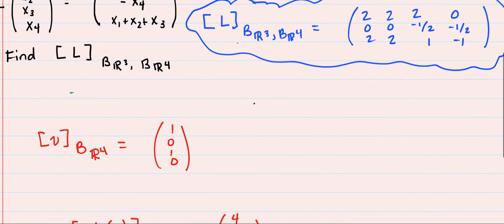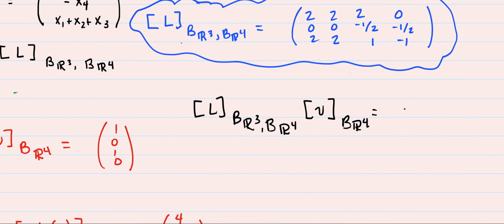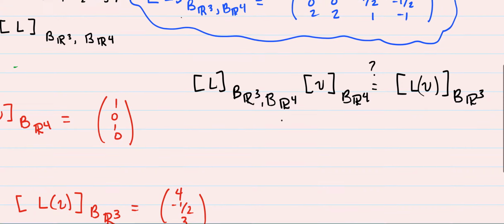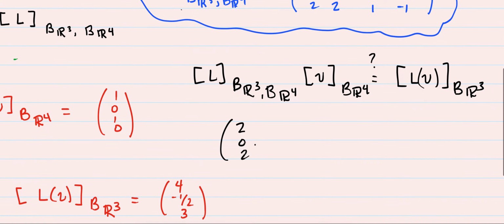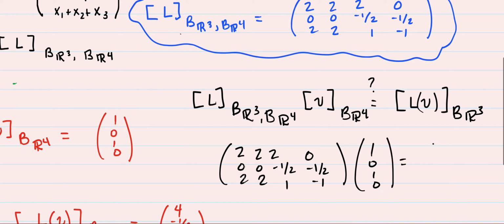Okay, we're going to take L, BR3, BR4, multiply it by this vector, and hopefully we get this vector. Let's see. 2, 0, 2, 2, 0, 2, 2, negative 1/2, 1, 0, negative 1/2, negative 1, 1, 0, 1, 0. What is this?